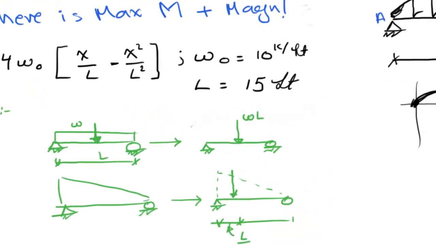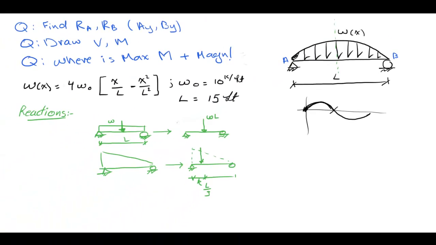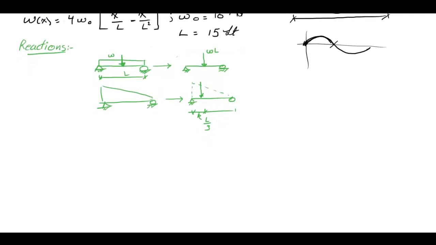For our example, we can see it's symmetrical about the middle, so we know the location of the load should be at the center. But what about the value of the load? The value of the load can be found by integration. How can we do this?